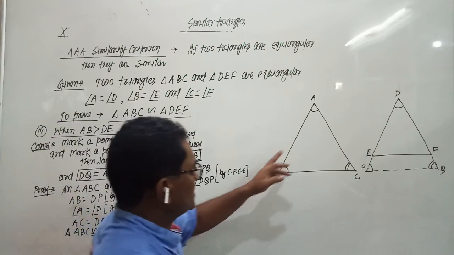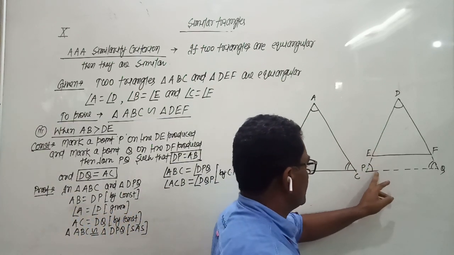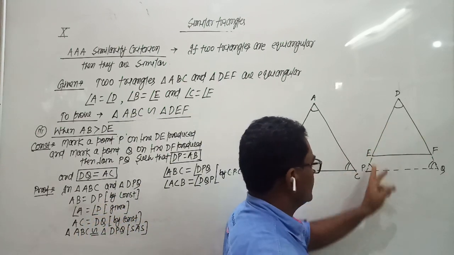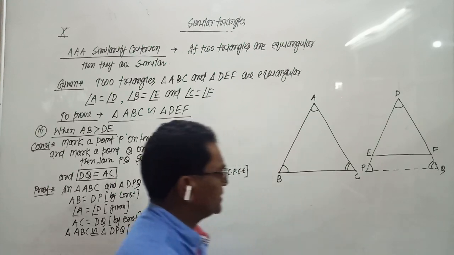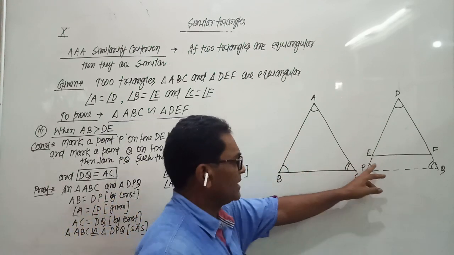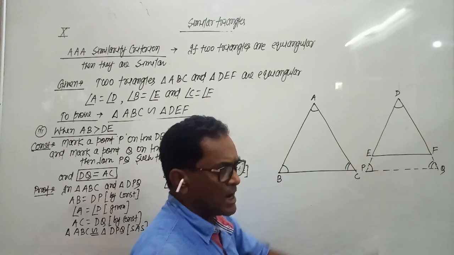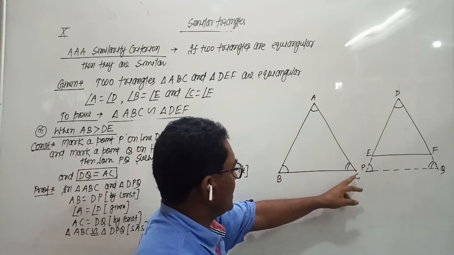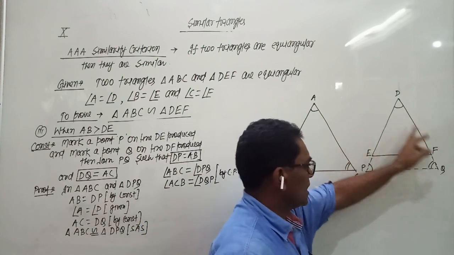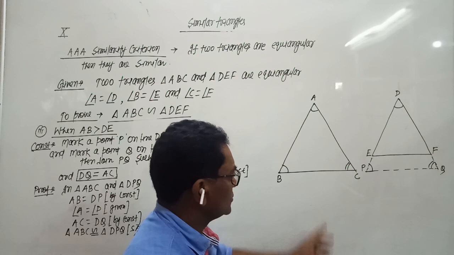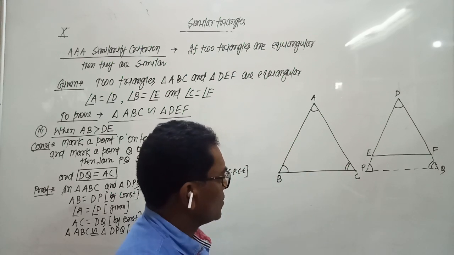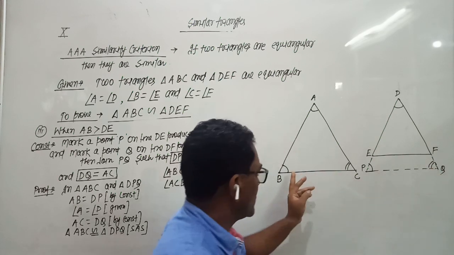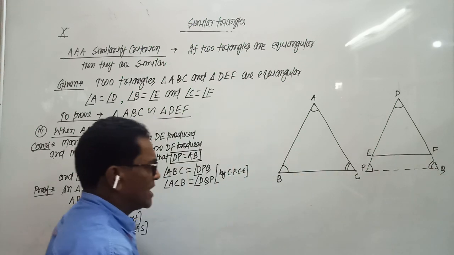Angle ABC is equal to angle DPQ because the two triangles ABC and DPQ are congruent, therefore their corresponding angles must be equal. In the similar way, angle ACB is equal to angle DQP because again these two triangles are congruent and the corresponding angles of congruent triangles are equal.